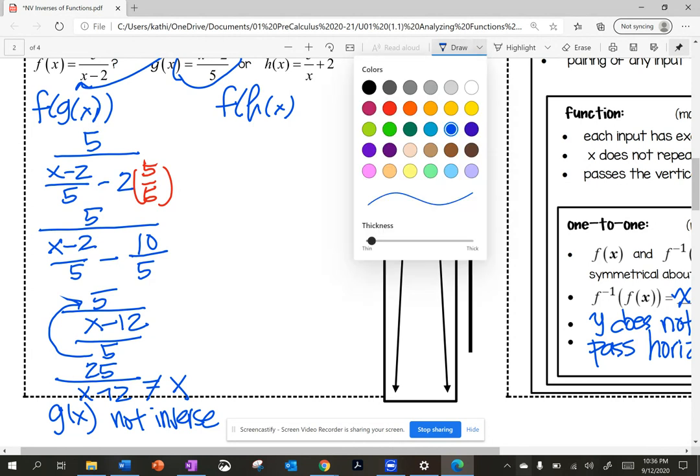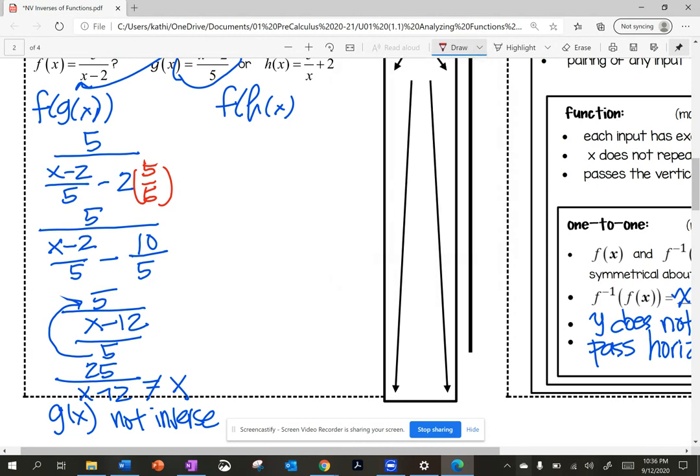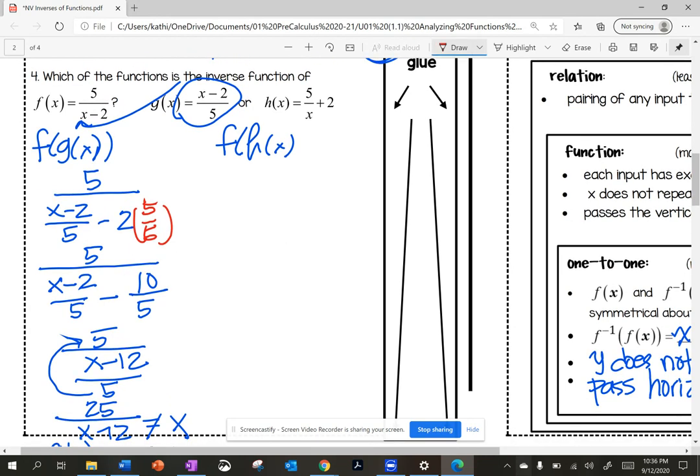All right, so let's try the second one. So this is where I'm going to take h of x and substitute this where the variable is.